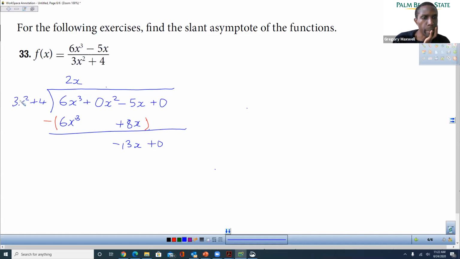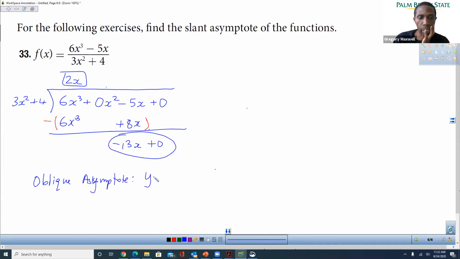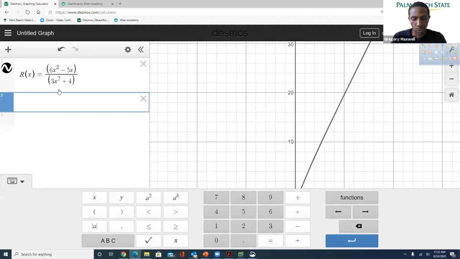So 3x squared does not go into 13x, so we're stuck. And so this is going to be the remainder, but we don't care about the remainder, we care about the quotient. So the oblique asymptote or slant asymptote is y equal to 2x. Now let's take a look at our graph on Desmos. I'm going to add y equals 2x.